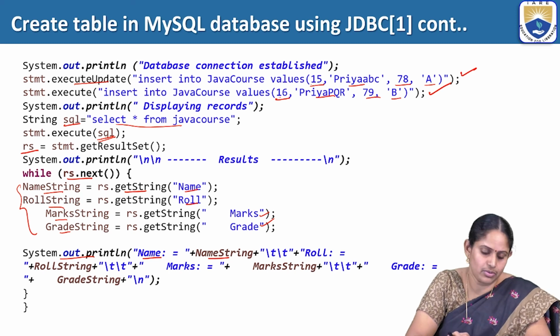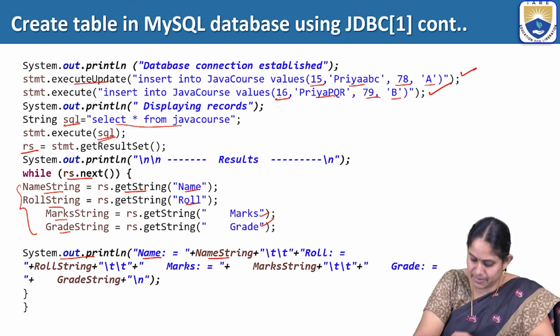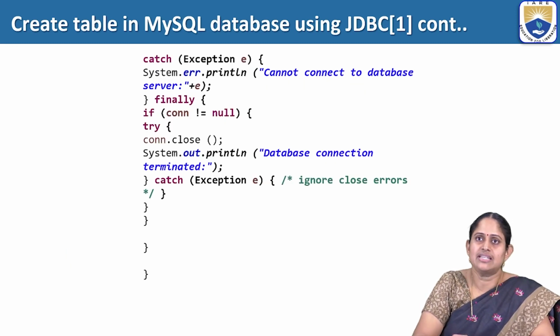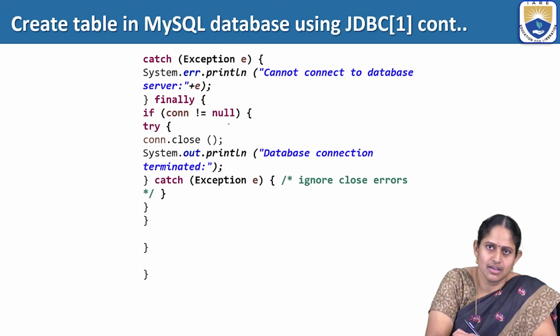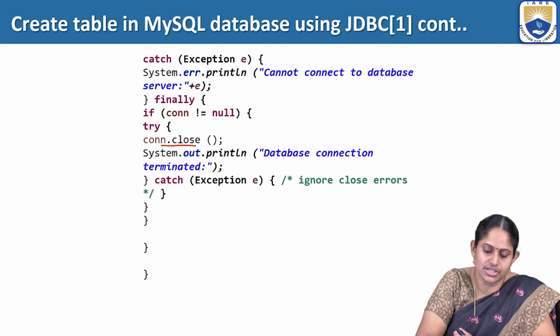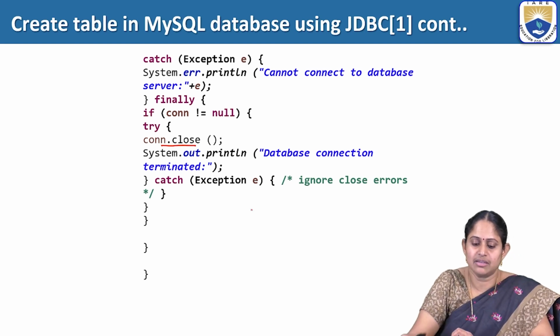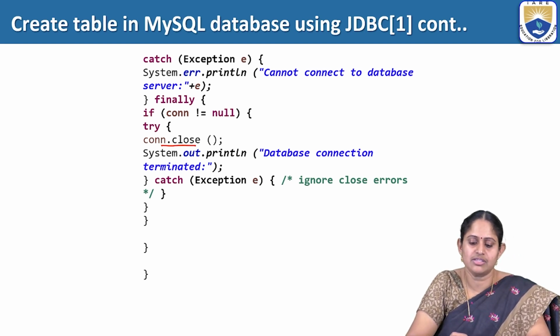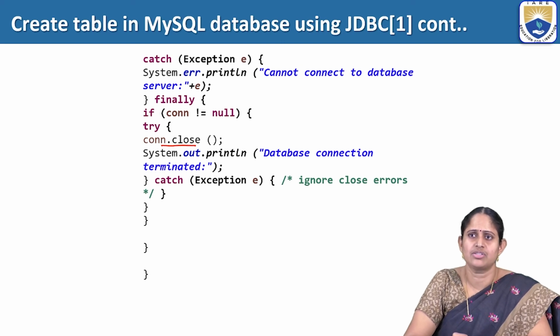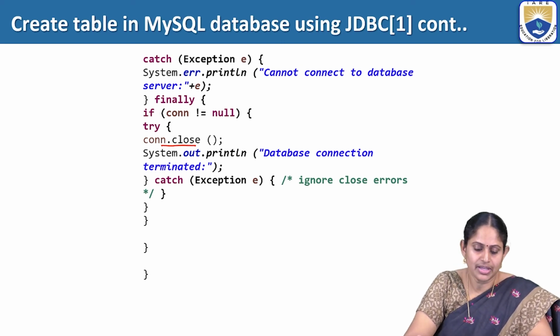All those 5 rows were retrieved and displayed onto the console. Once that is done, we have to close the database. For that, we are calling the close method over the connection object, so that it will release all the resources which are being held.